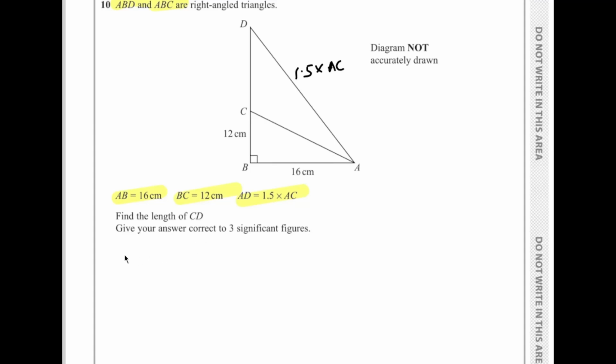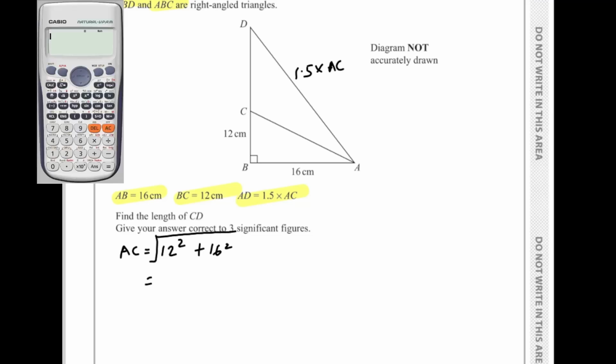Then I can get AC equals square root of 12 squared plus 16 squared. Using Pythagorean theorem, then we'll get the values of this one. 12 squared plus 16 squared equals 20.